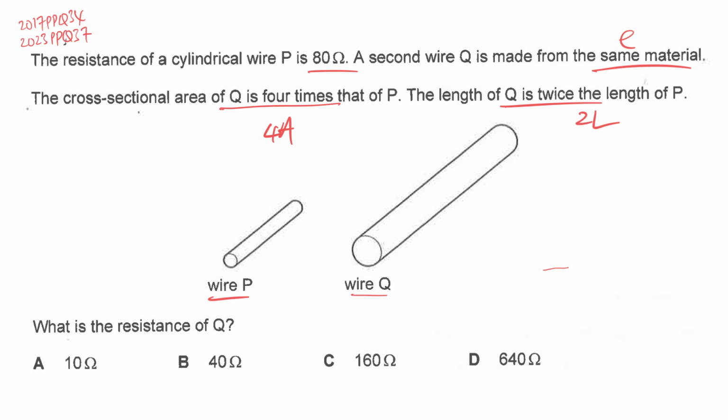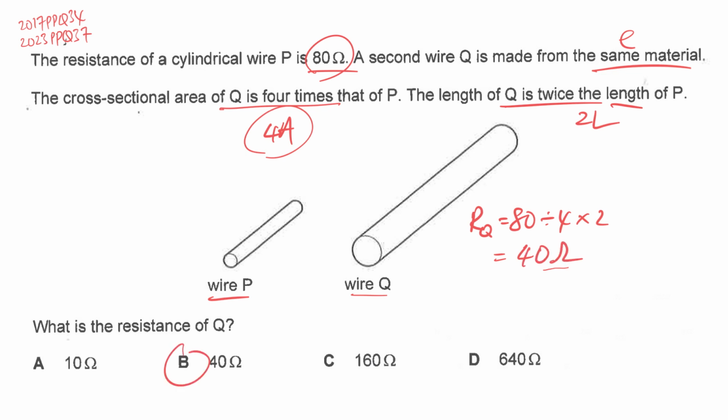So for the new resistance of Q, using the original resistance of 80 ohms, because the cross-sectional area increases by 4 times, the resistance should reduce by 4 times. So divide by 4, and then the length is double, so resistance will double, times 2. So effectively the total resistance will be 40 ohms. So the answer will be B.